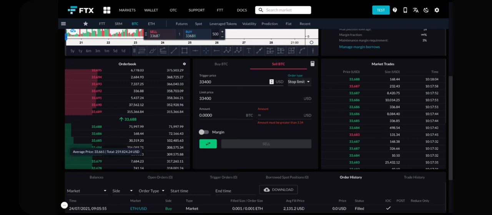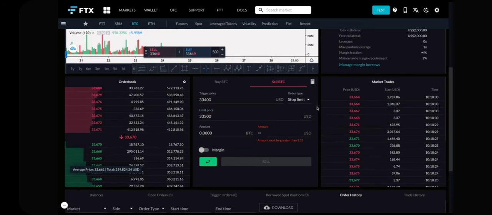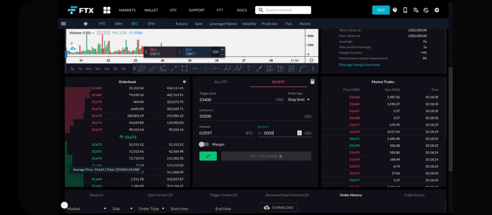The reason you would use this is that, let's say the price of Bitcoin was to go down to a certain level, and you think, okay, if Bitcoin goes to 33,400, I then want to place a limit order that if it reaches, say, 33,500, then, let me see, 2,000.